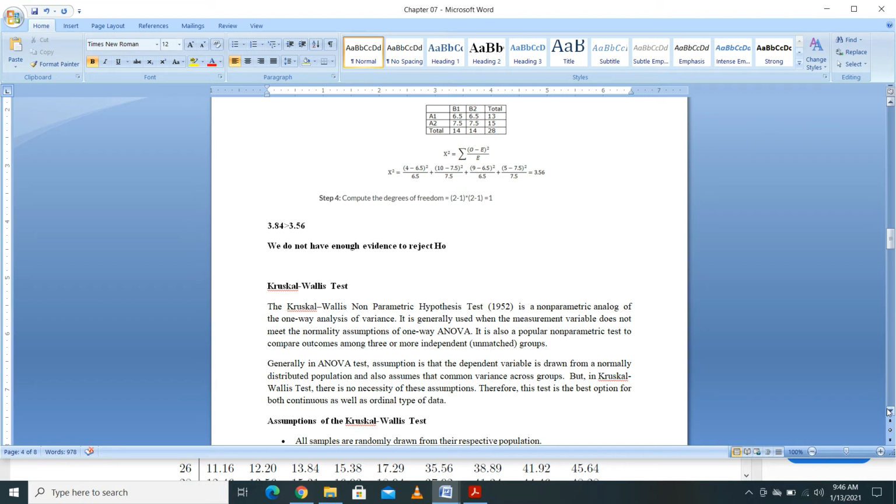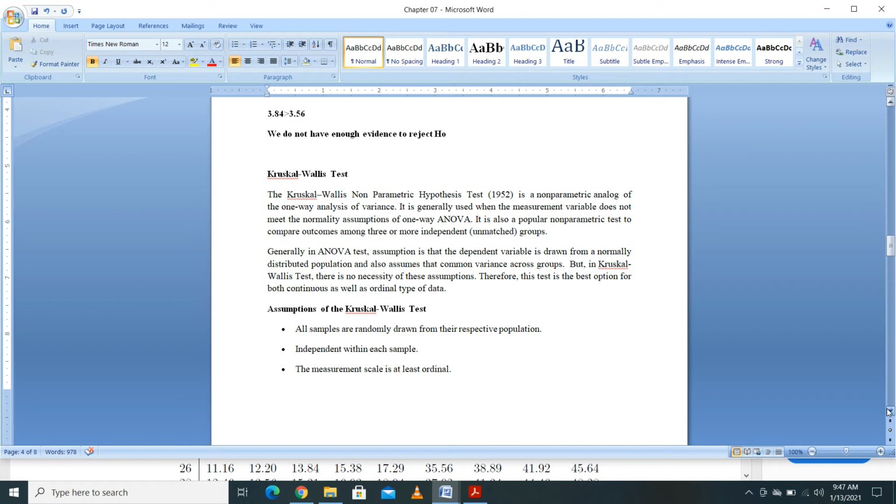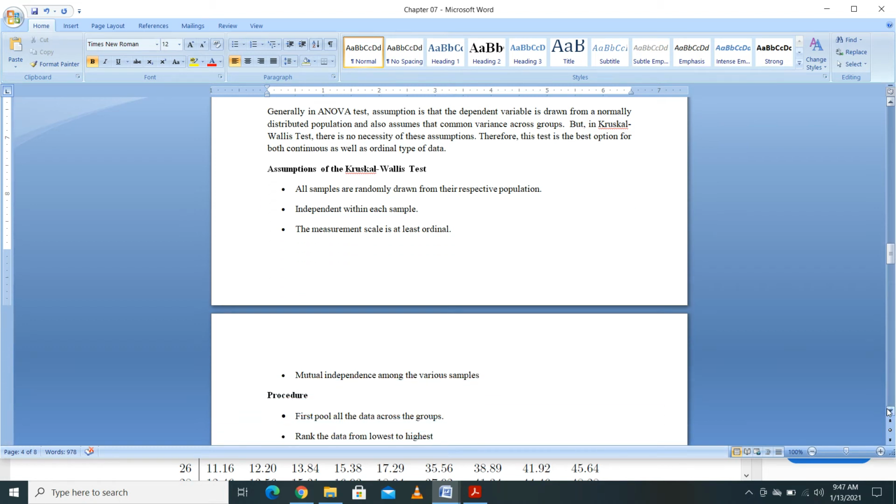We can replace the ANOVA by the Kruskal-Wallis test when the normality assumption is violated. The assumptions are as before: all the samples are randomly drawn from their respective populations and are independent of each other, and the measurement scale should be at least ordinal. The samples should be independent of each other and within each sample.